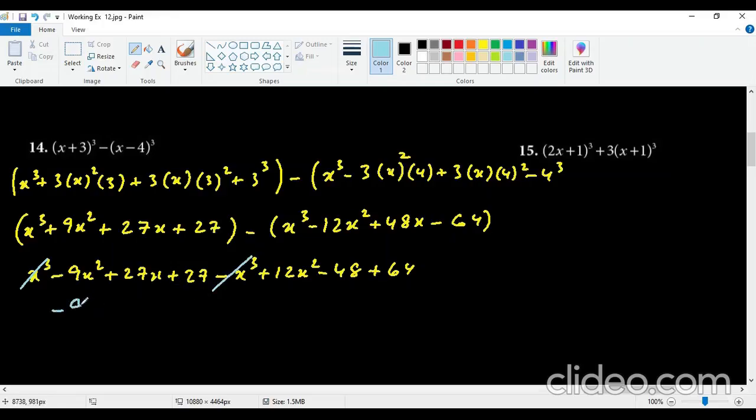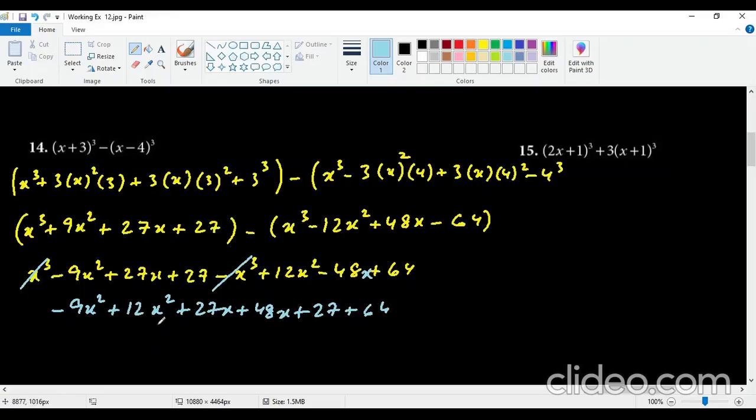So minus 9x² and plus 12x² and plus 27x, and this is a 48x, plus 27 plus 64.